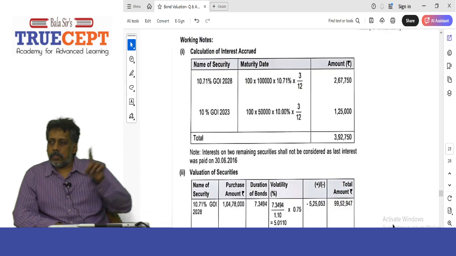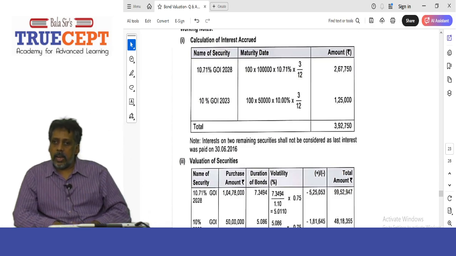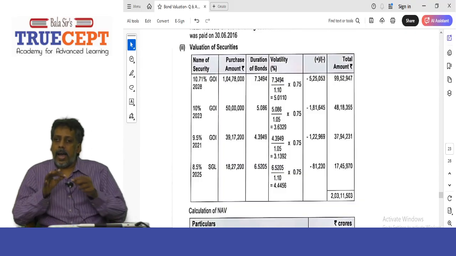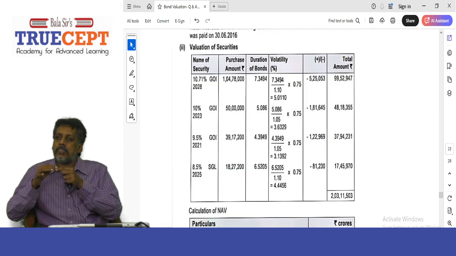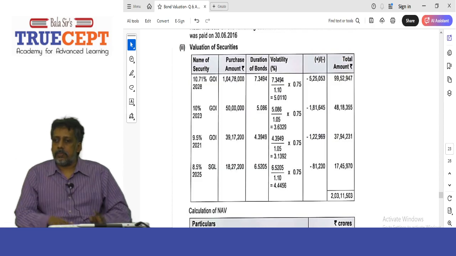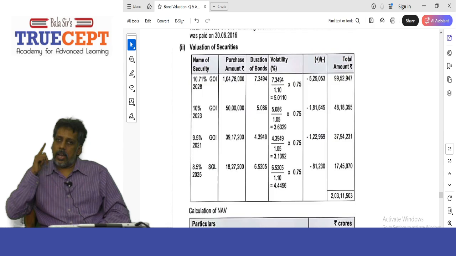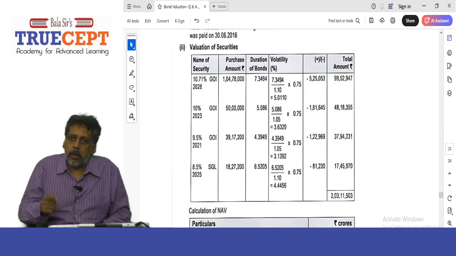Now you are supposed to calculate the market value. Now the market value of these 4 bonds after the yield has increased by 75 basis points. That is where you are supposed to find the modified duration and use that to calculate the market value of the bonds.